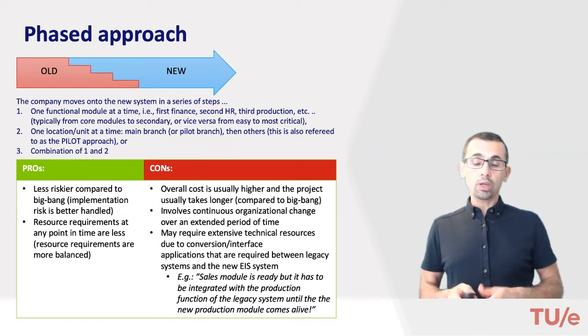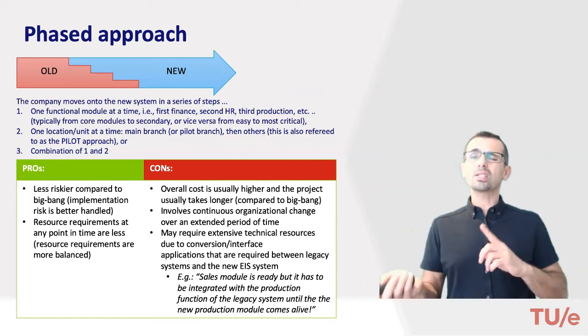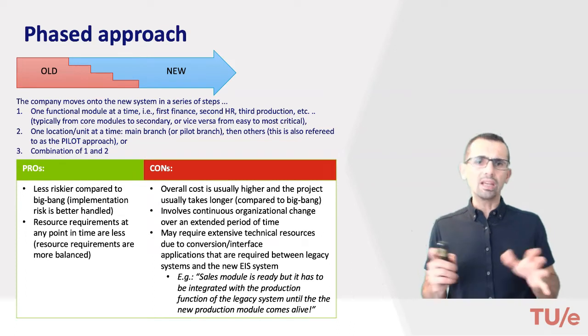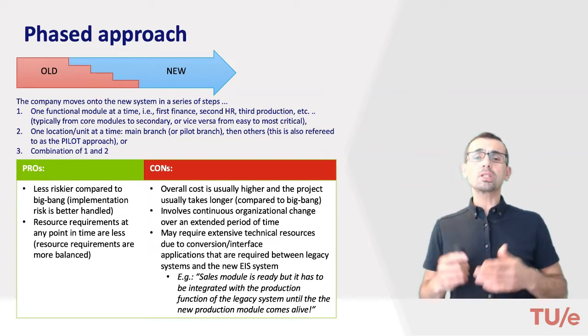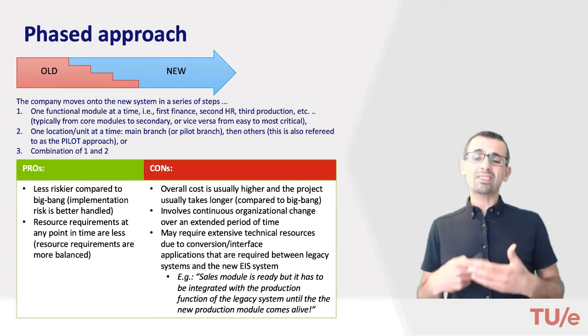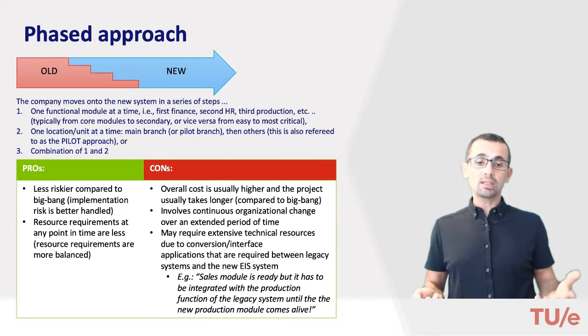These are the hard facts about the phased approach, but there are also some rather hidden or overlooked ones. For instance, these types of projects often lack the urgency and focus of the entire project team, like the case in Big Bang.